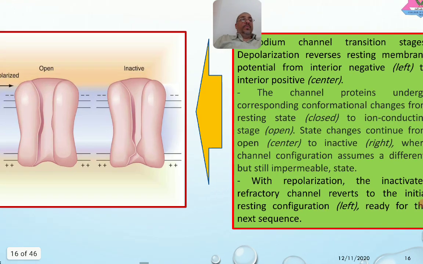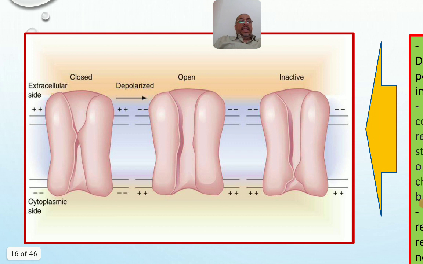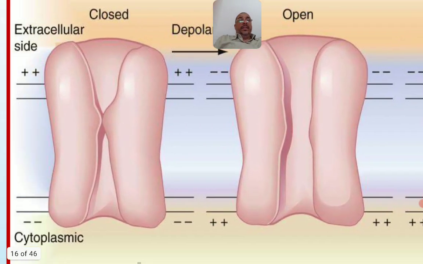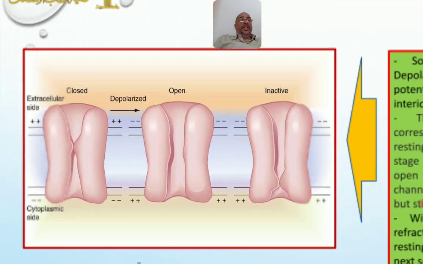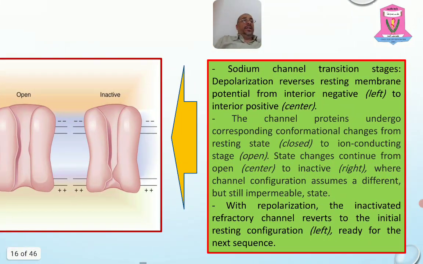واللي هو هذا ما موضحه بهذا المخطط. هاي السيجمنتس الوردية هي تمثل ال channels for the entrance of sodium ions. So the sodium channel transition stages.